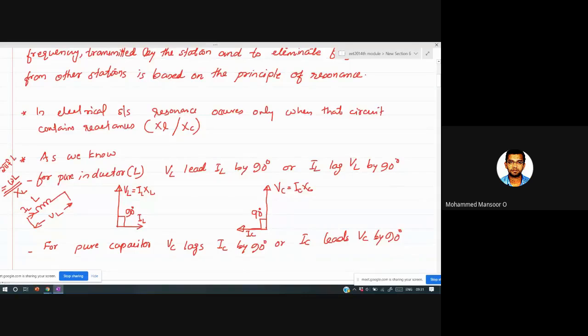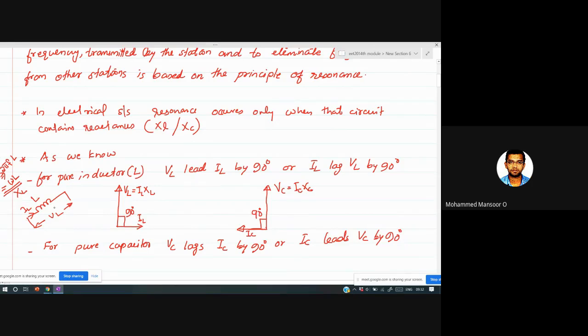So XL is equal to 2 pi F L. This is the voltage across the inductor, and due to this voltage, current IL is flowing through this inductance, which has inductive reactance XL equal to 2 pi F L.